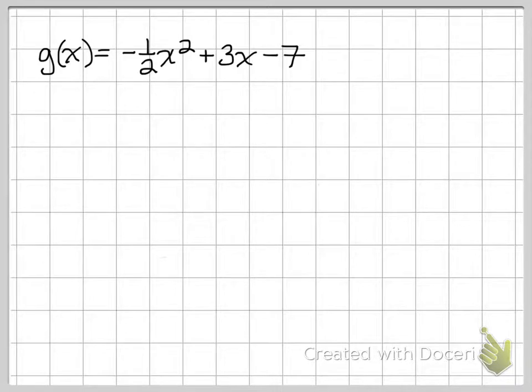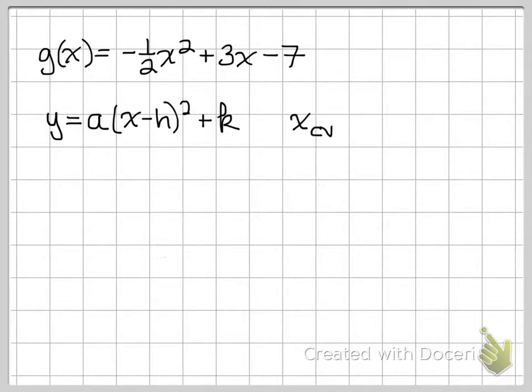See, it is possible that you have learned or that you will be required in some class to convert this to this form. But what we've done, if we have memorized that the x-coordinate of the vertex is equal to -b/2a, we have essentially done this.